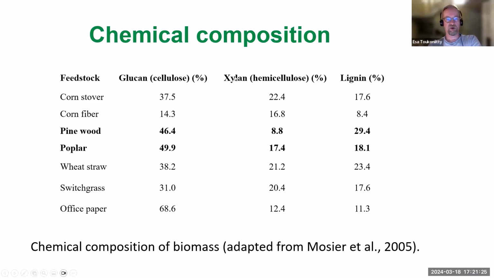Also the hemicellulose or xylan sugars are easier to extract out from the wood than, for example, cellulose, which is rather inert. And lignin is the third component that can be separated.